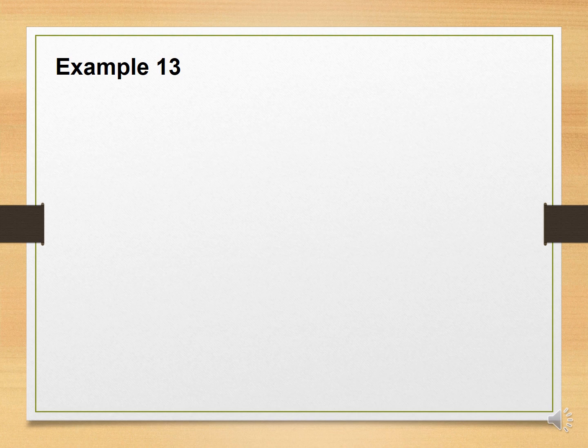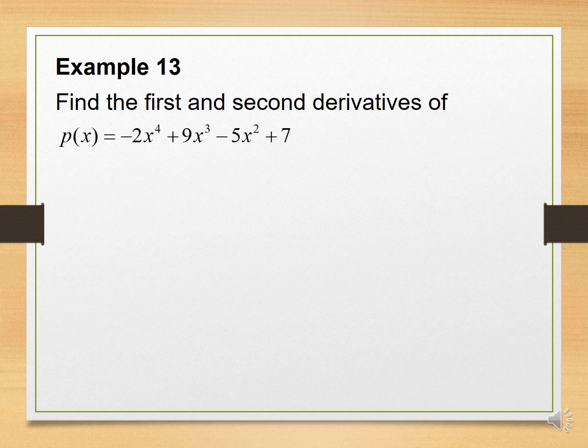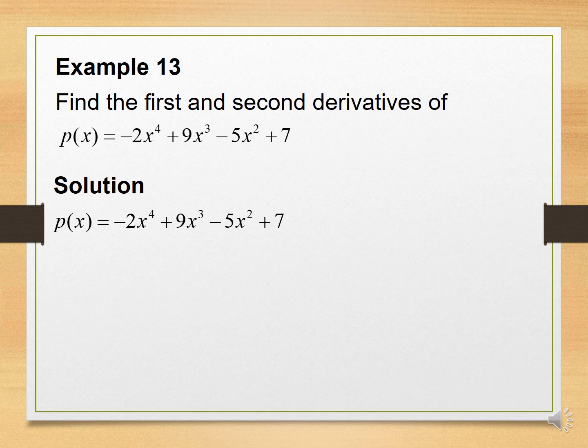Let's see example 13. Find the first and second derivative of p(x) equal to negative 2x to the 4 plus 9x cubed minus 5x squared plus 7. Let's see the solution. We want to find the first derivative, so the notation we write is p prime x.